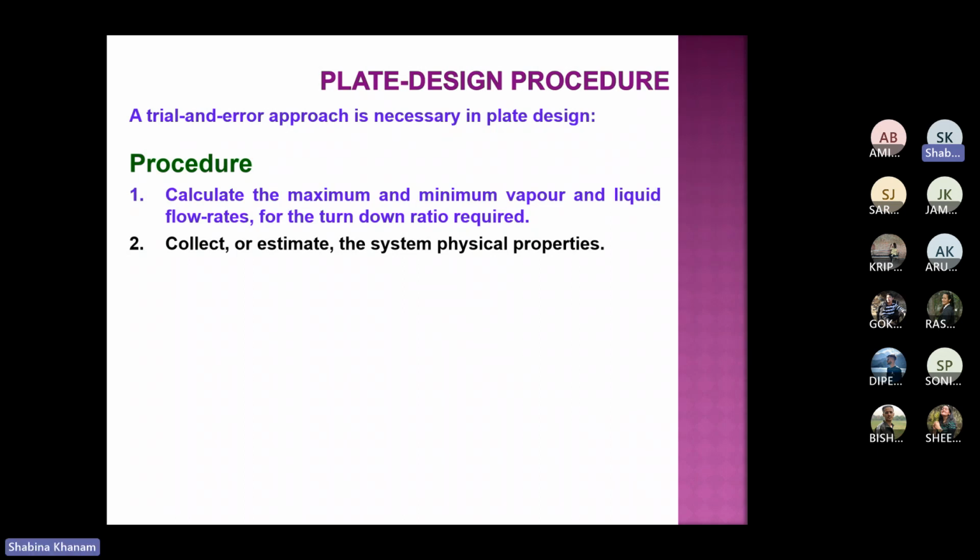Okay, so those temperatures we can consider to collect the physical properties. How you can collect the physical properties, we have already discussed in the shell and tube heat exchanger, right? So in the same pattern you can do it, but the temperature should be location wise, whether it is the rectifying section or the stripping section, whatever.